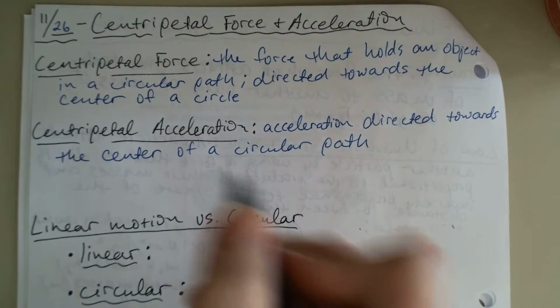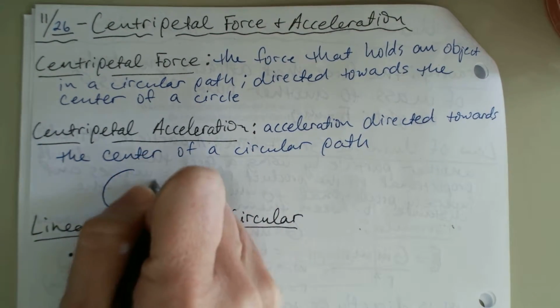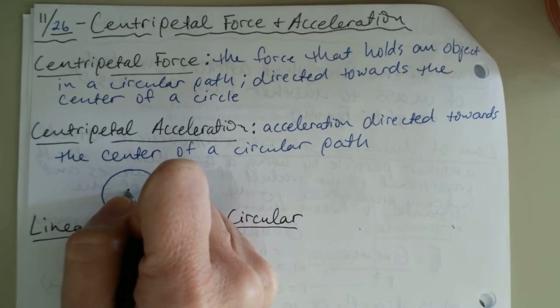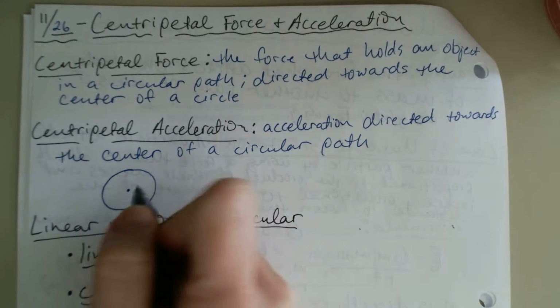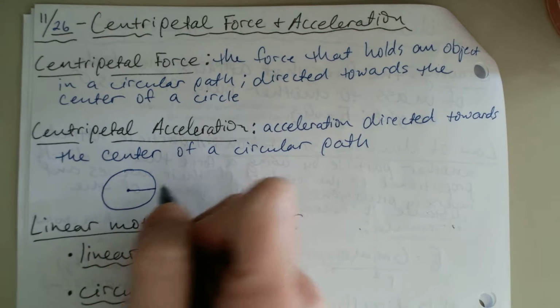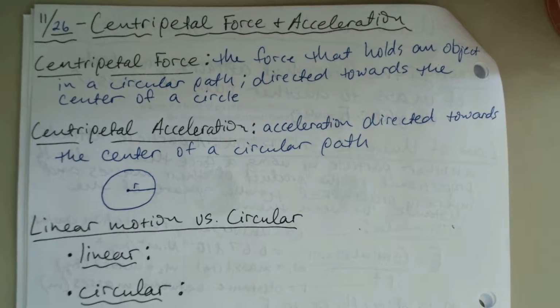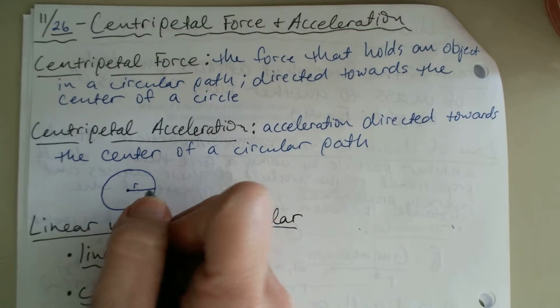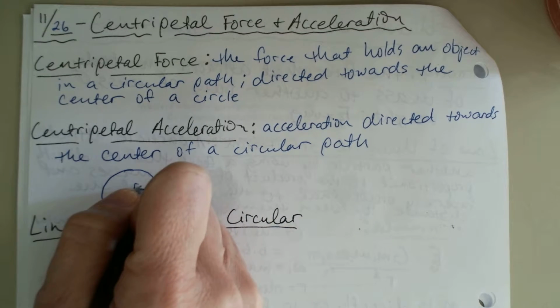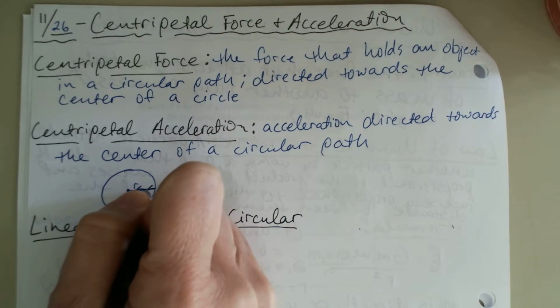So if we were looking at something that's going in a circle, okay, the distance from the circle to the outer edge of the circle would be r, the radius of the circle, okay? And both centripetal force and acceleration are vectors, and they are both aimed at the center of the circle.